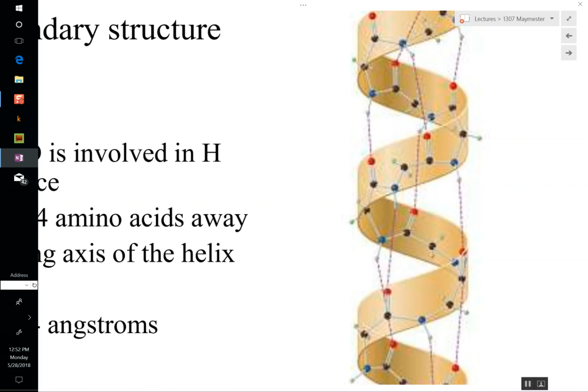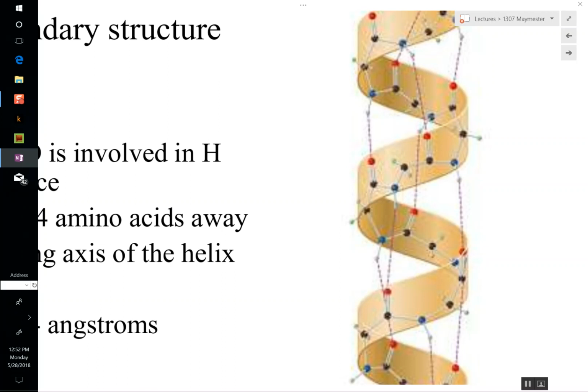So this is hydrogen bonding. And this is from the amide backbone of the protein structure. Hydrogen bonding. Okay, what you've got here is these aren't as strong.